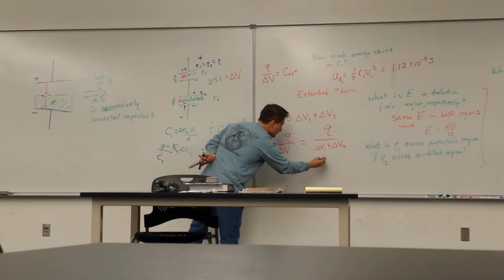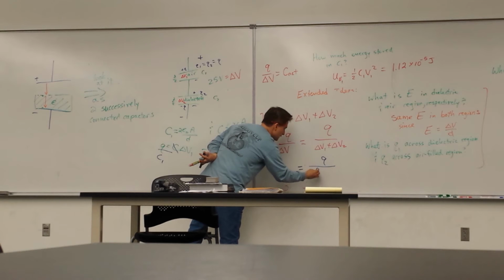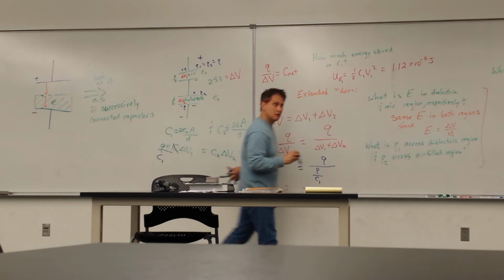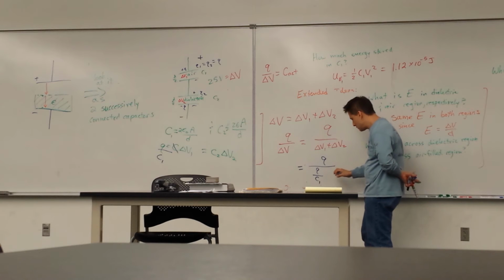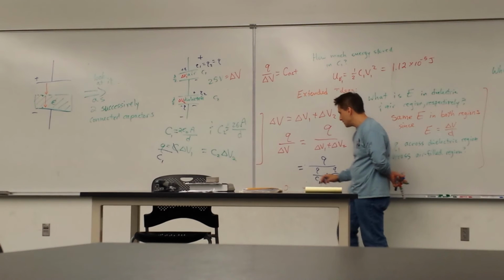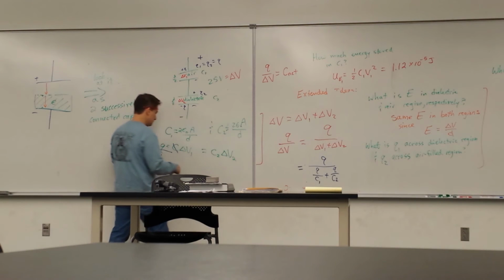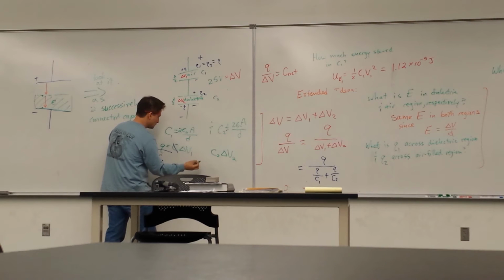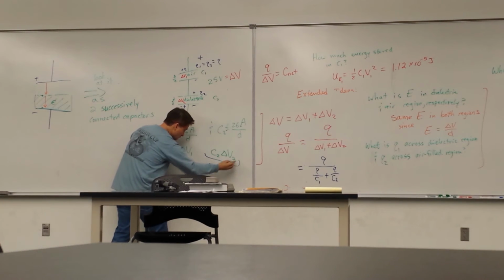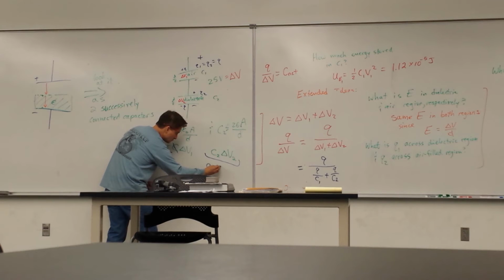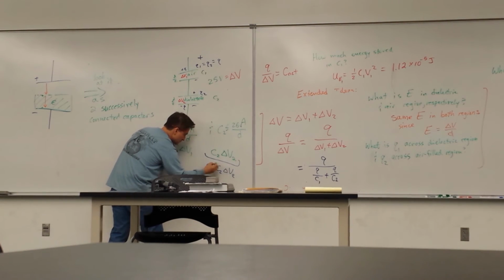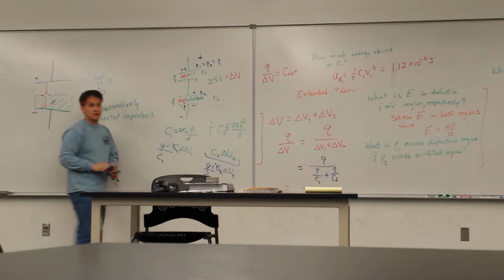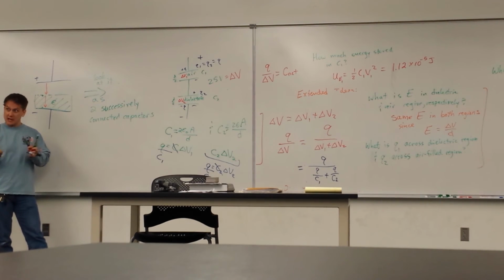So I have over here Q divided by Q over C1. Plus, if I play the same game for the voltage across the second one, the voltage across the second capacitor is going to be the same Q. We divide it by whatever that second capacitance is.